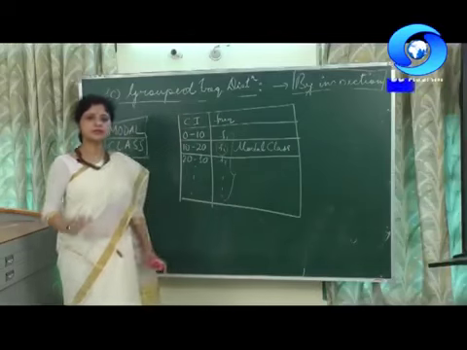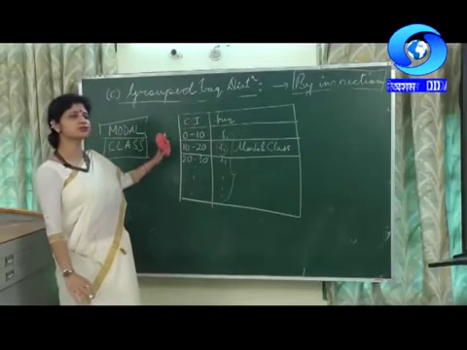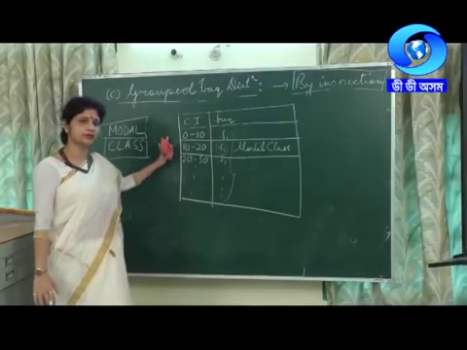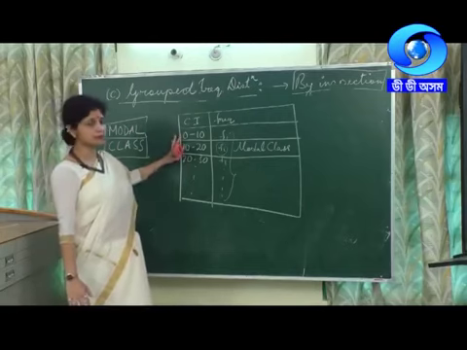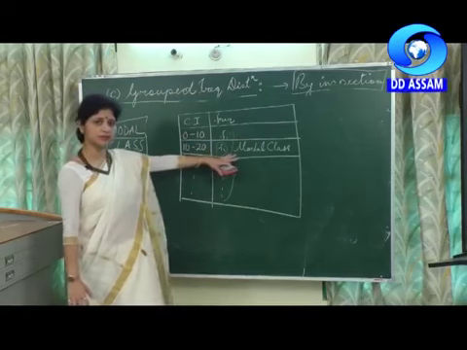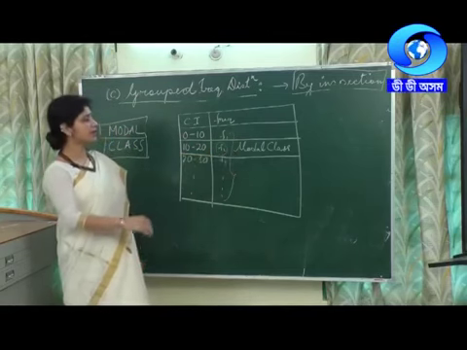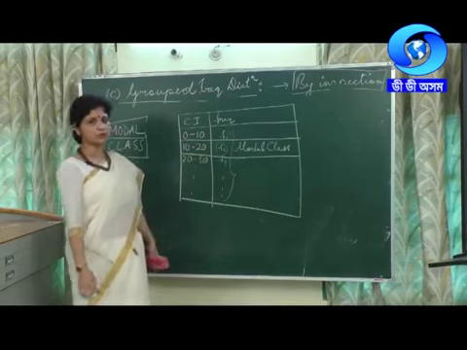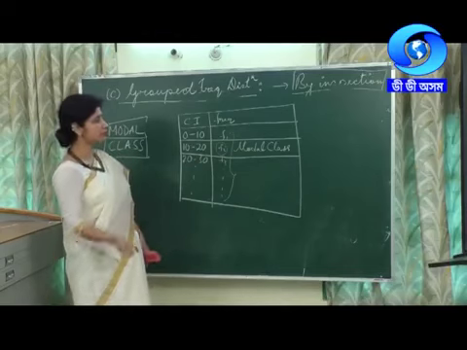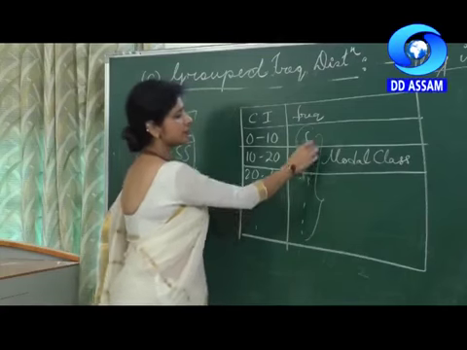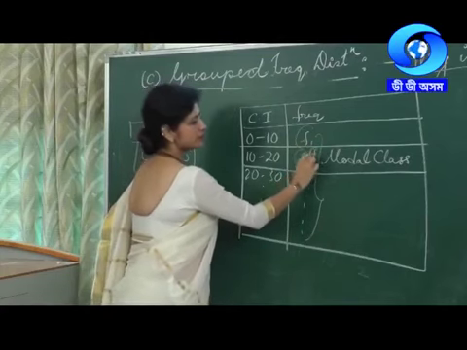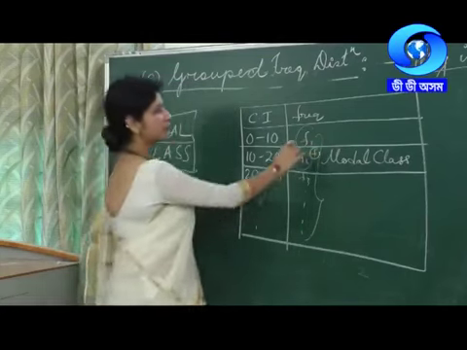So the first step in calculation of mode for a grouped frequency distribution will be finding out by observation which will be the modal class, and then making use of the formula by putting the values of the different figures. If this is the modal class, f will be this.